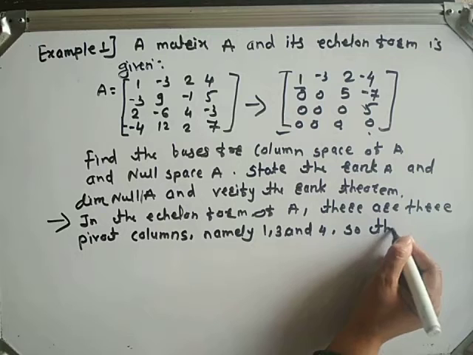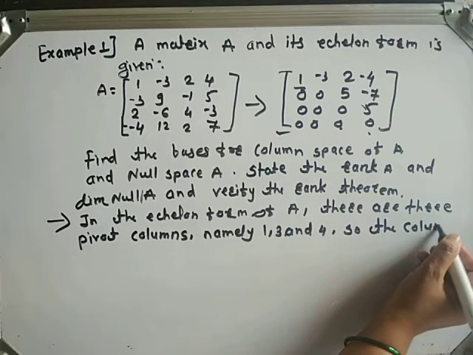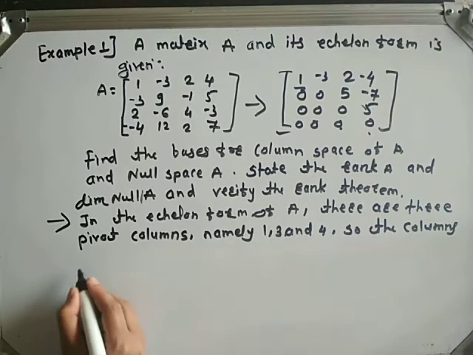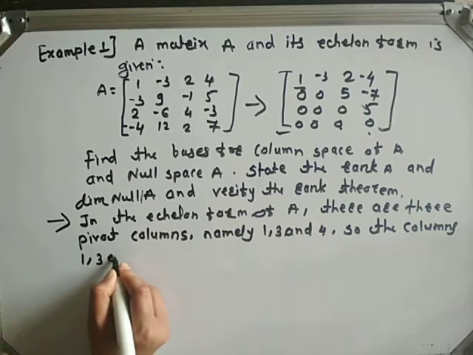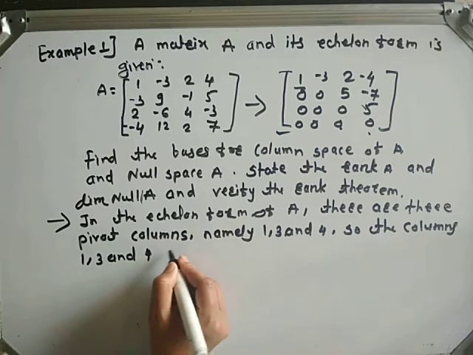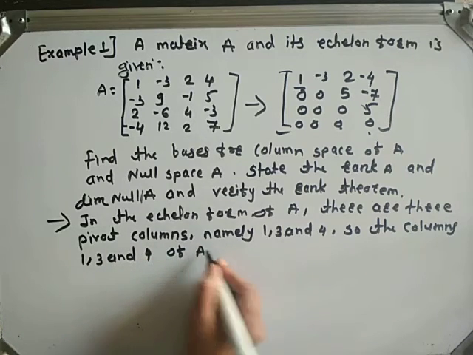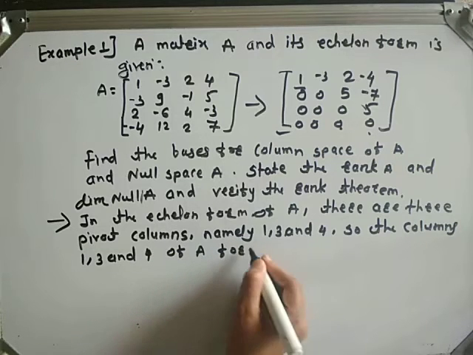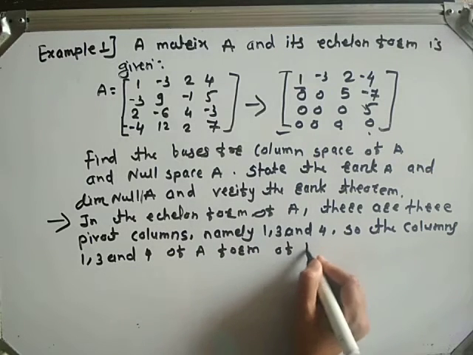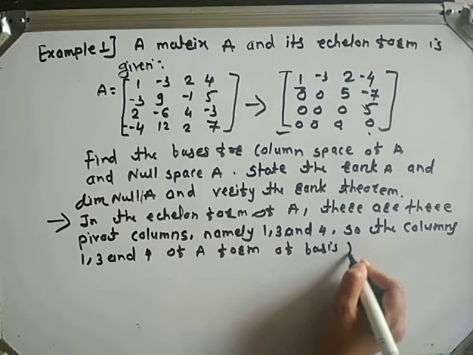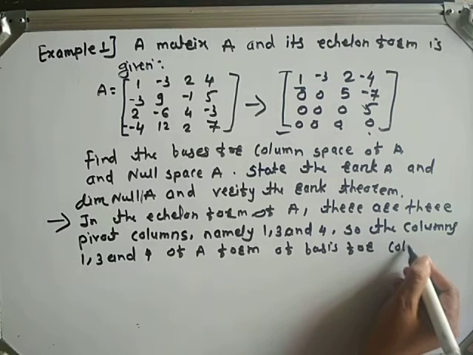So the columns 1, 3 and 4 of A form a basis for column space of A.